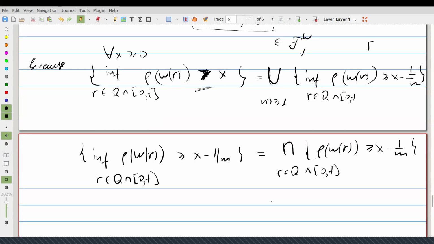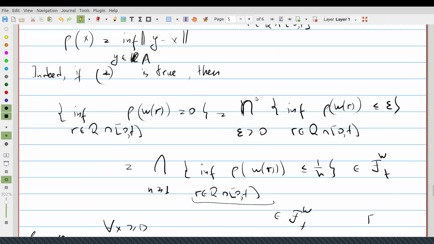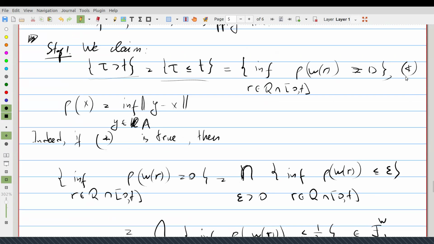Is it true? Yes, if all elements are greater than the infimum. But if the infimum is greater, that means all should be greater than 0, but they can be equal to x minus 1/n. So we need this additional step to get rid of this. So if we have this star, we can conclude.